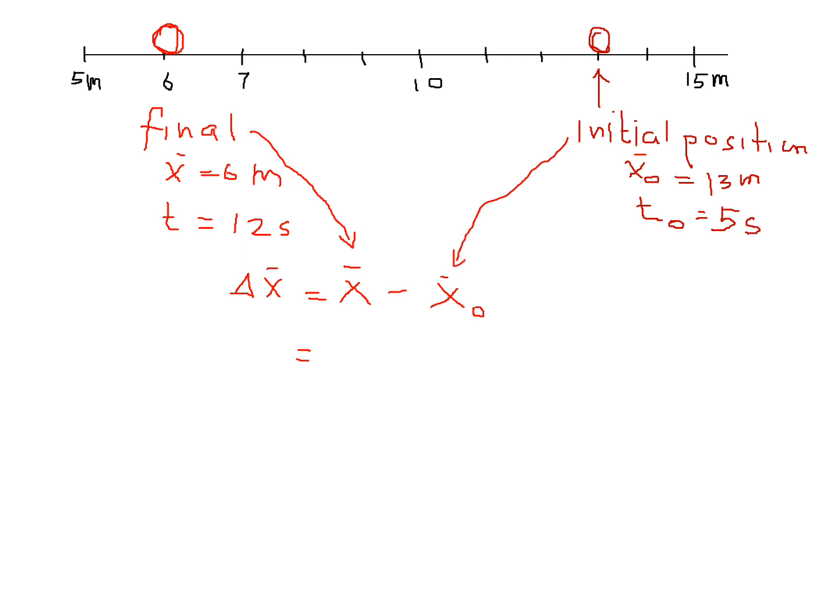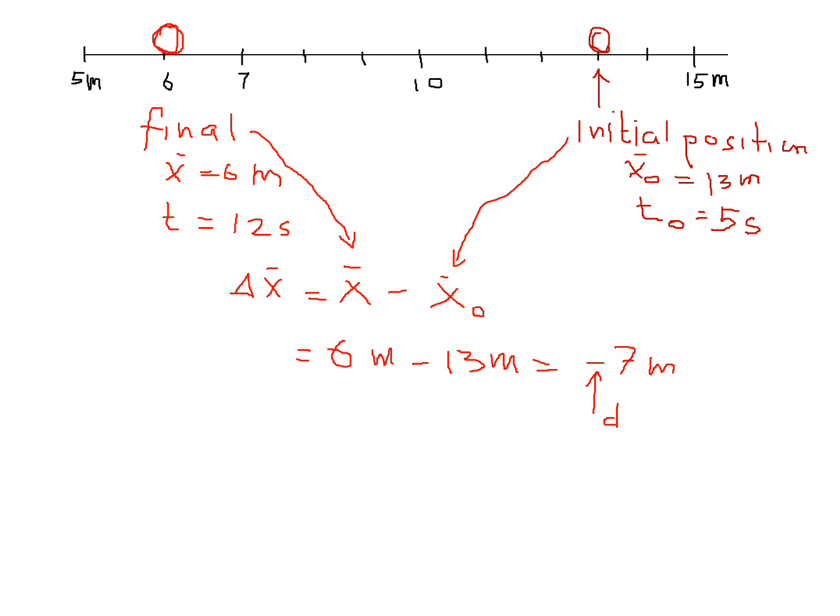Final is 6 meters minus initial position, 13 meters, which is equal to negative 7 meters. So this negative sign represents the direction.